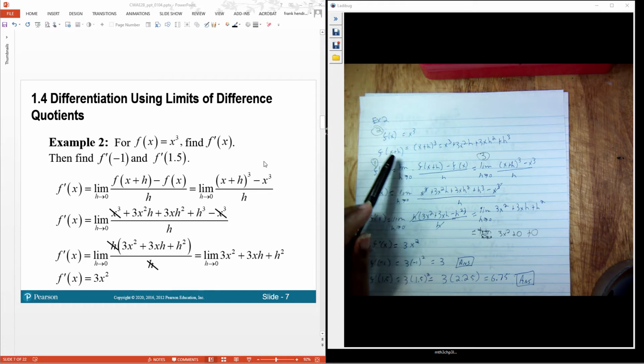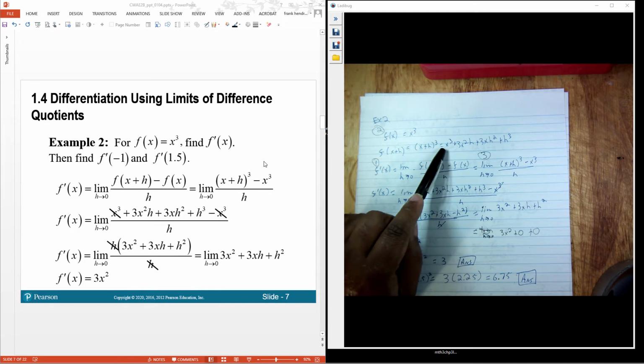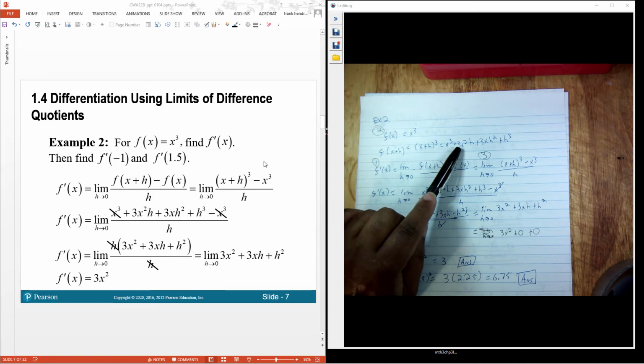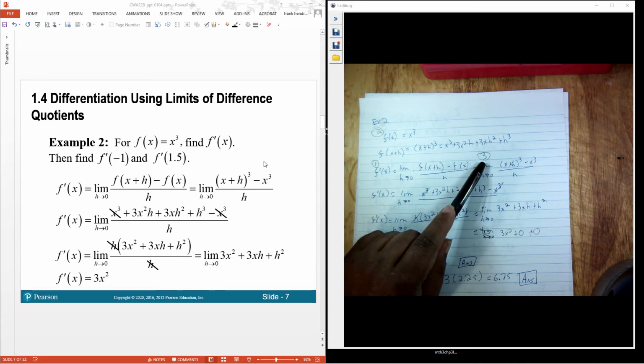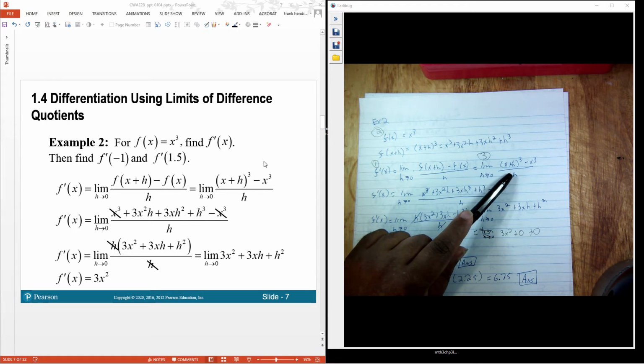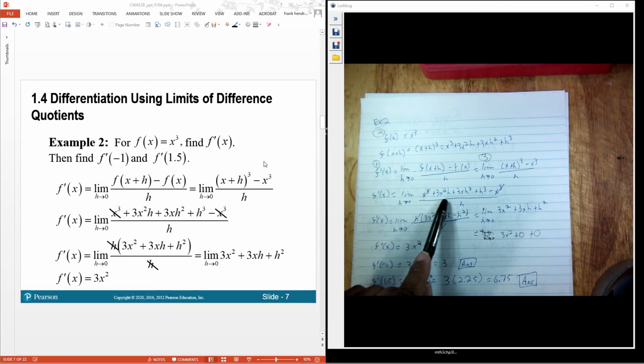The second thing I did was assign values to my variables that match the formula, f of x plus h, and then I expanded it out. The third thing I did was plug in. And the fourth thing I did was simplify.